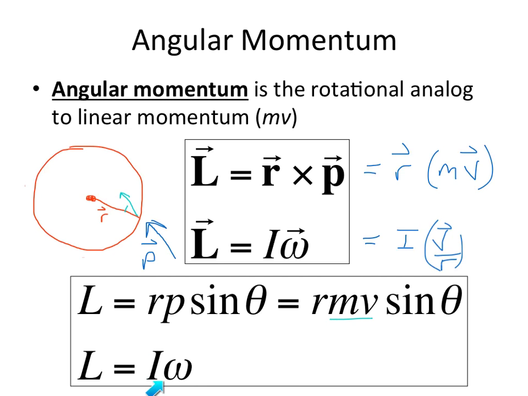But instead of thinking of this as the full radius, why don't we just shorten it to right there?